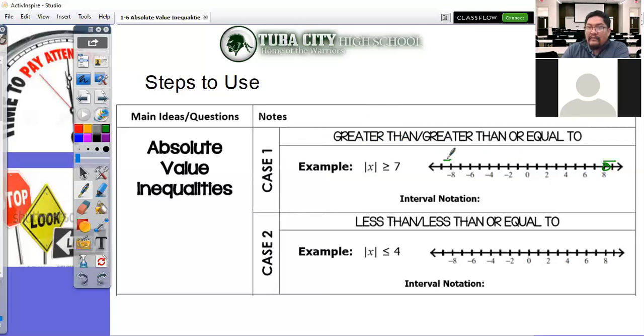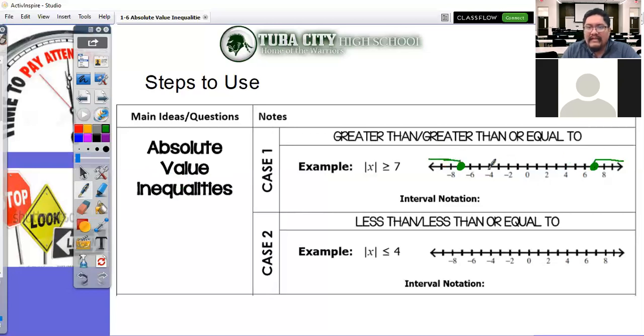So how would we mark these? Well, you start with the number you have, in this case 7. I'm going to mark 7 with a closed circle because we are using the same rules that we had before. And we know that it includes 8 and negative 8, so it goes this way and that way.